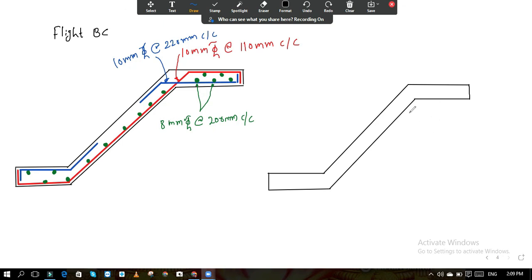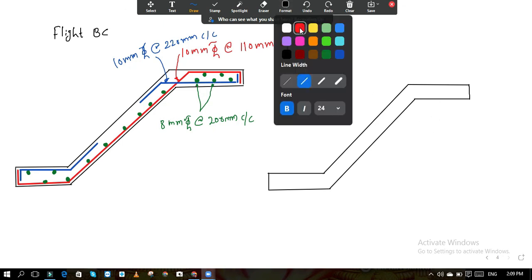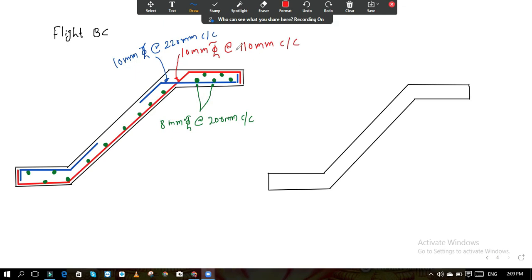Okay, so now again the main reinforcement. I will draw here the main reinforcement. So this bar will start from here. Here also you can copy down this.